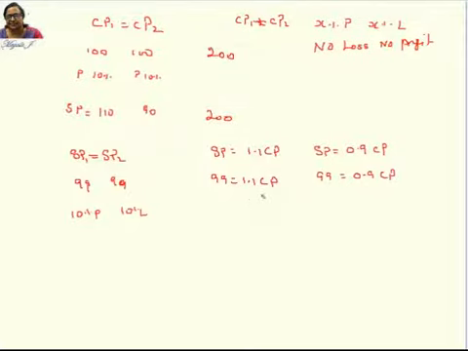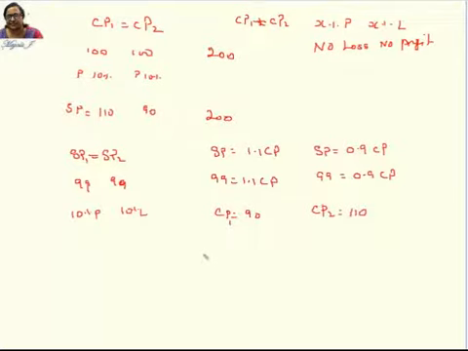So what is your CP here? 99 by 1.1 is 90. That is CP1. CP2 will be how much? 110, correct, because 99 by 0.9 is 110.